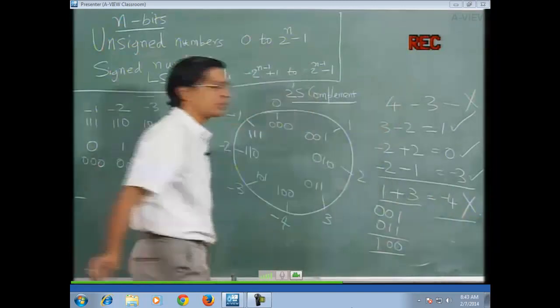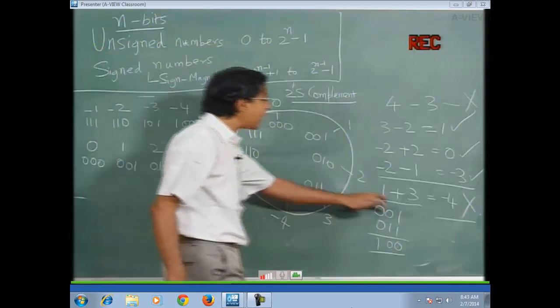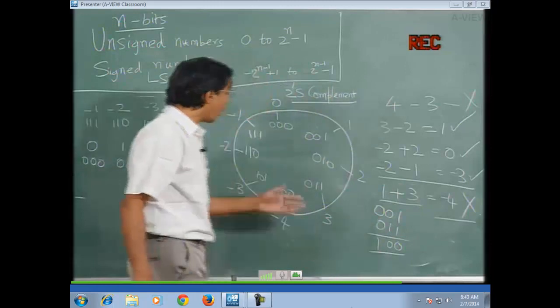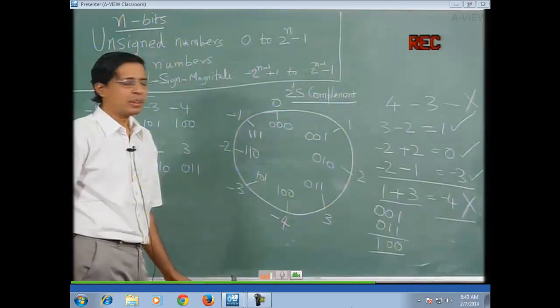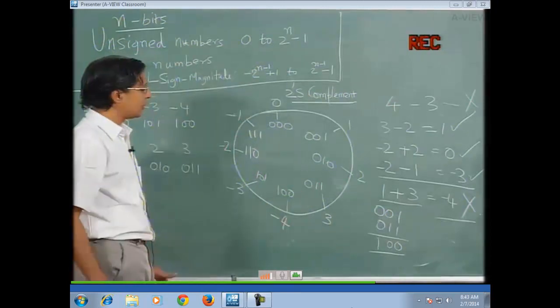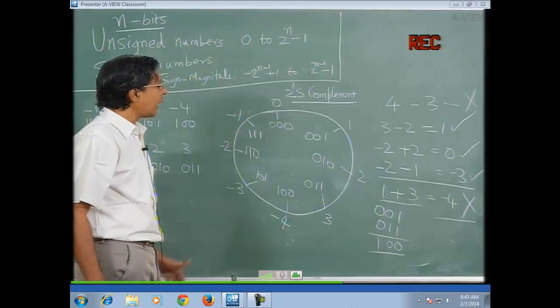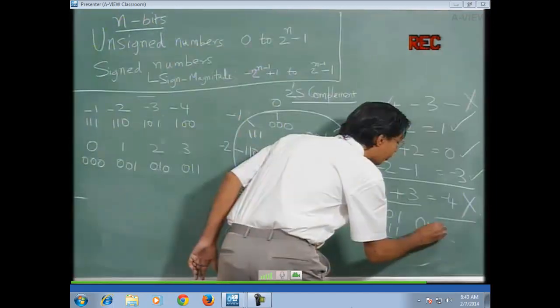It's wrong. Why am I getting such a wrong result? Because the answer got by this addition is out of the range of what I could represent. It is more than 3. I am getting minus 4 here, right? And so this is basically called overflow.